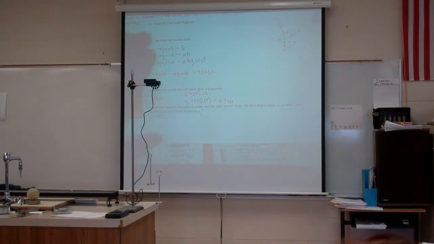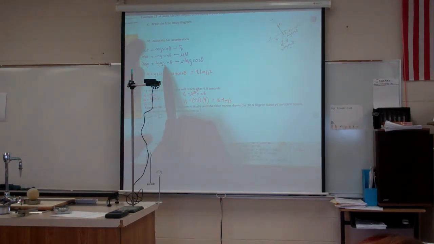Just write F net equals 0 if you see that. So instead of putting ma for my N2L expression, I'm going to put 0 is equal to the same thing I used right here, but instead of setting it equal to ma, I'm setting it equal to 0. So I'm saying 0 is mg sine theta being canceled out completely by mu mg cos theta.